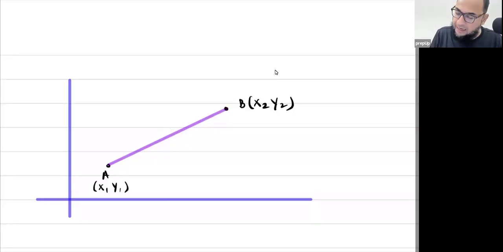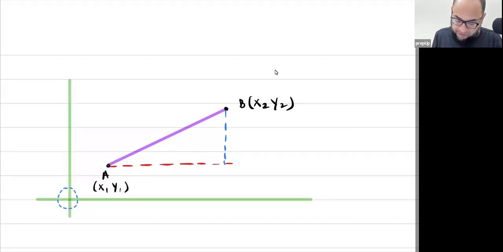Okay. And let me use red color for the horizontal and blue color for the vertical. And let me also change the color of this one to green. Purple or green. Okay.